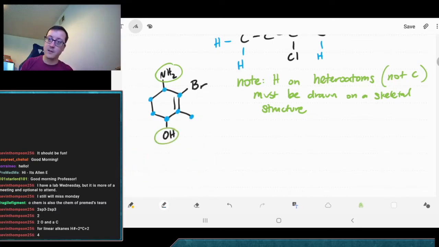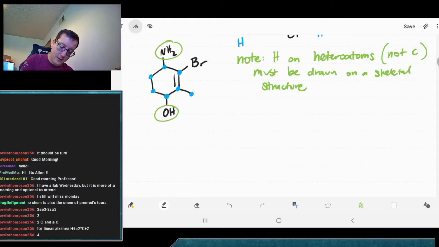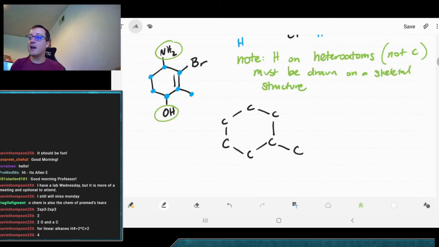If we were to draw this as a Lewis structure, okay, I can do this. This is kind of the base of it all. Note, we do have a carbon-carbon double bond here.